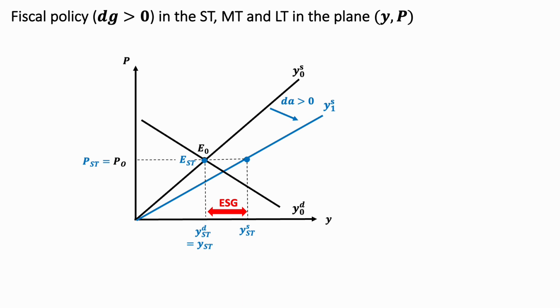This excess supply triggers a decrease in prices in the medium term, which will have two effects. It will decrease the supply of goods and increase the demand of goods through the indirect channel of the interest rate. We reach a medium-term equilibrium with lower prices than in the short term and higher output.